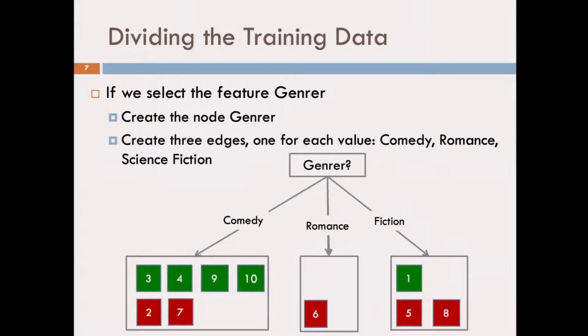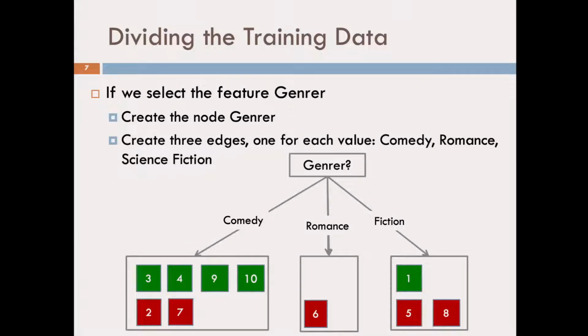Let's get the feature genre. Again, it's the same idea, okay? If we get the movies that are comedy, 4 of them make success, 2 don't make success. If a movie is about romance, it doesn't make success. If a movie is about science fiction, 2 don't make success, 1 makes success.